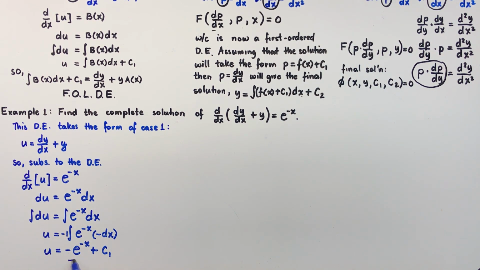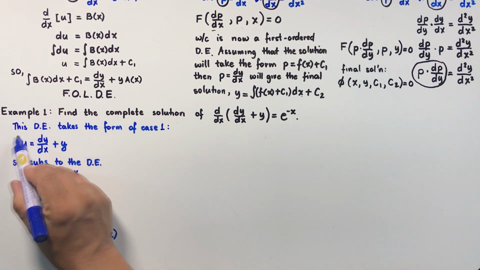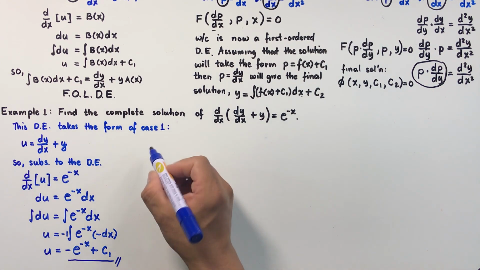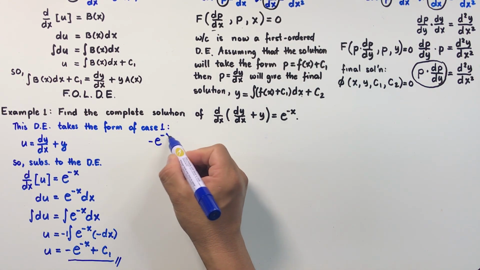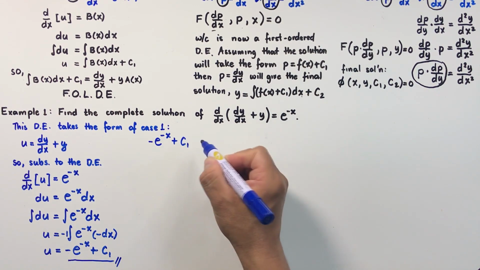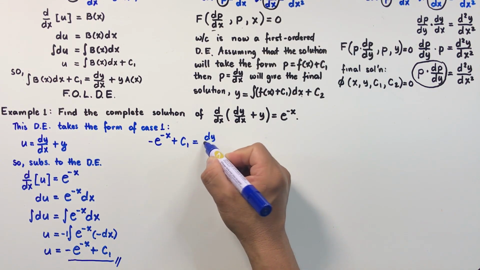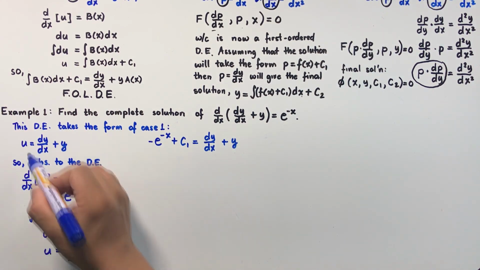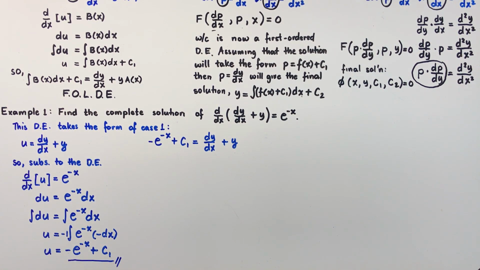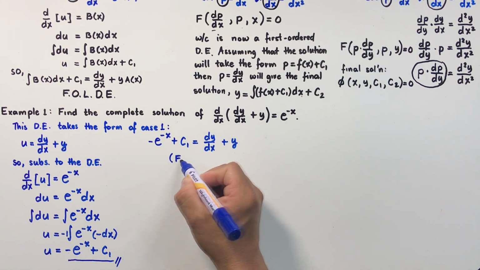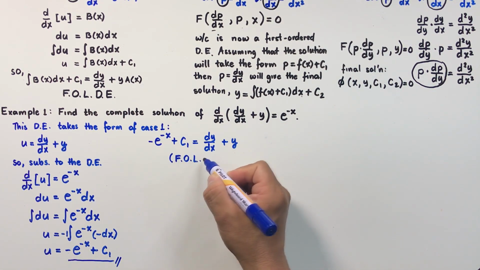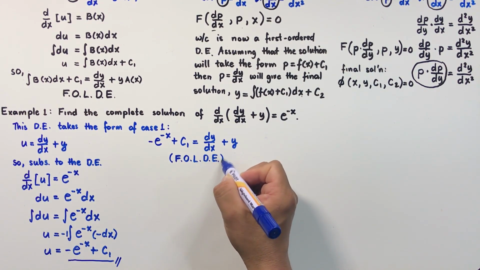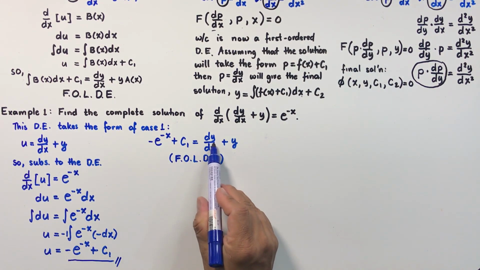So this is now our u, and substituting this u in our representation, we have negative e to the negative x plus c sub 1 is equal to the derivative of y with respect to x plus y. Because instead of writing u, I will write its equivalent value. And you notice that this is already a first order linear differential equation because this is linear in y.